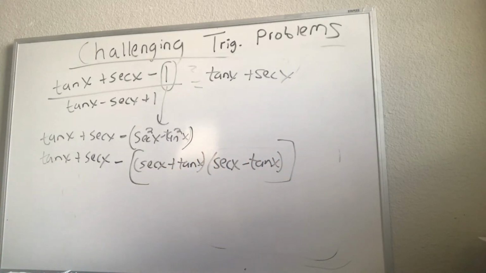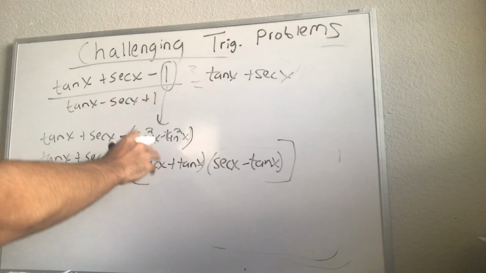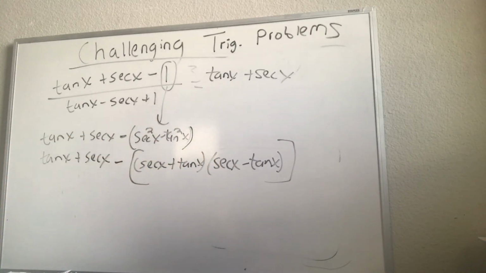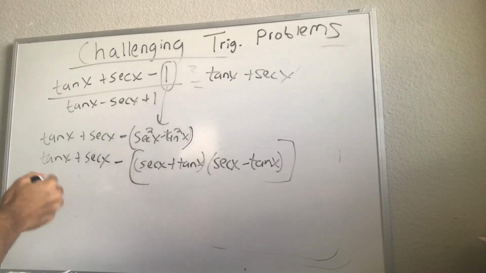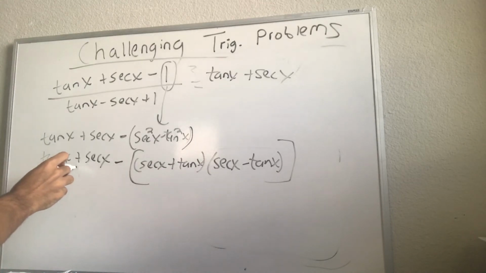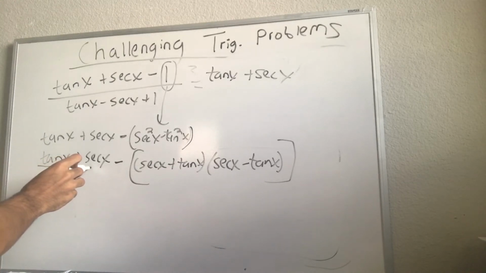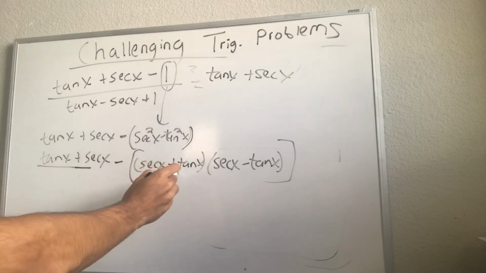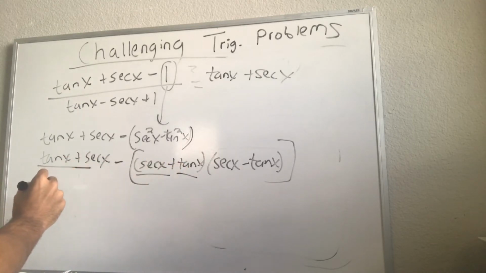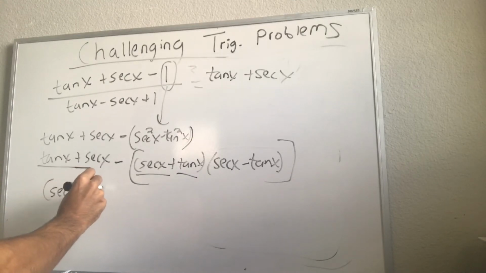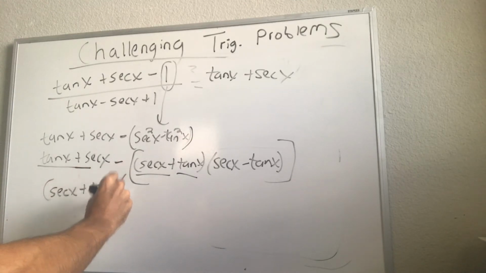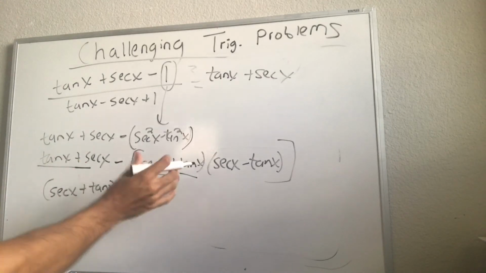Now if we think about it, there's something really interesting here. You've split this up like this, but now you can factor a value out. This is tangent x plus secant x, and then you have tangent x plus secant x here too. So why not put secant x plus tangent x, and you have 1 here, because you're factoring this out.